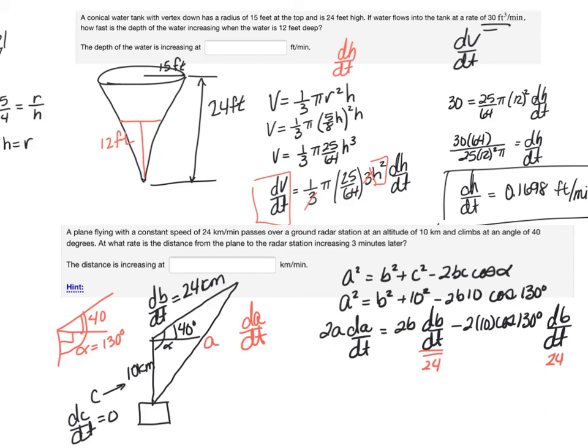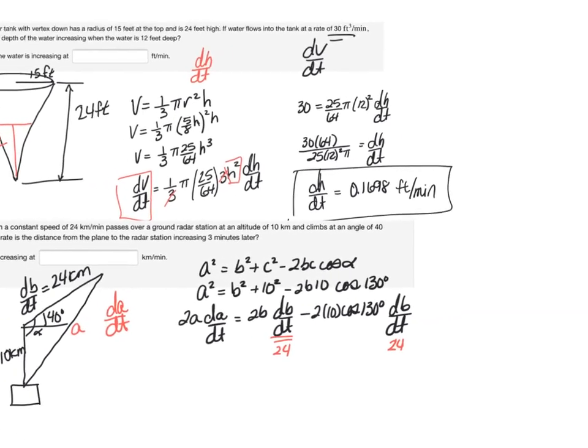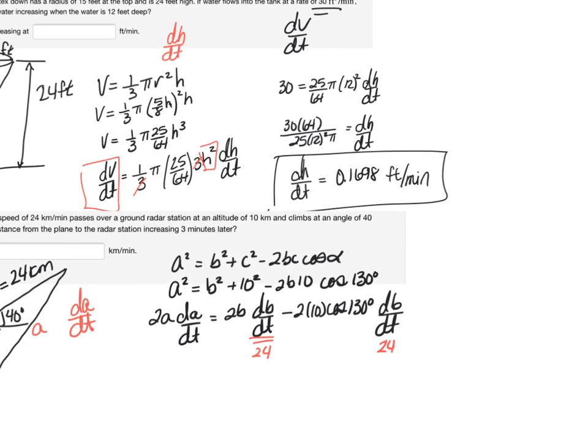What I don't have, however, is A and B right at this very moment. But I can easily find both of those values by going back to my law of cosines and also the fact that they wanted it 3 minutes later.